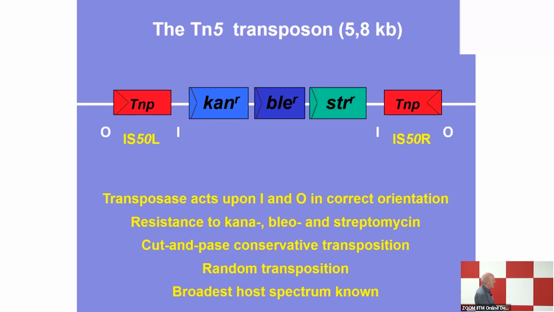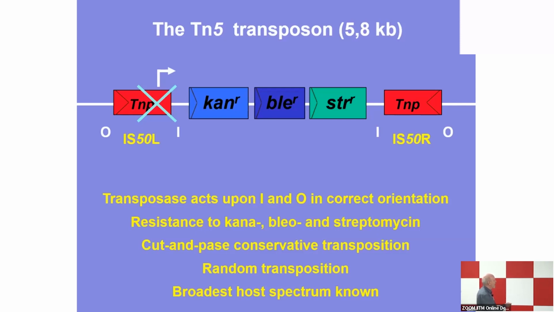This segment of DNA with these antibiotic resistances is flanked by two insertion sequences, one to the left and one to the right. In principle these two should be very similar, but this is part of the trick of the transposon, and what makes it a good transposon: one of the two insertion sequences carries a mutation that makes it inactive.